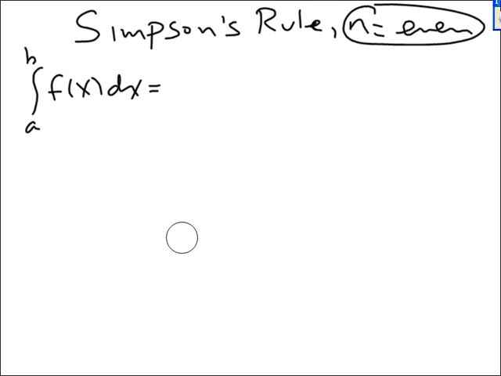Now Simpson's rule states that the integral is not equal to, but is approximately the length of each width divided by 3. That is b minus a over 3n.